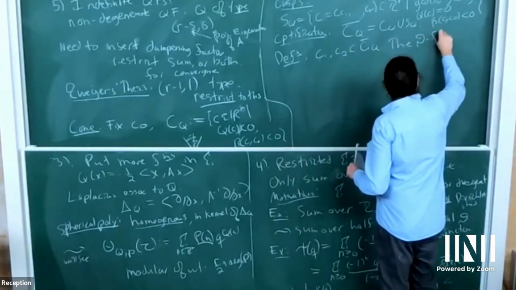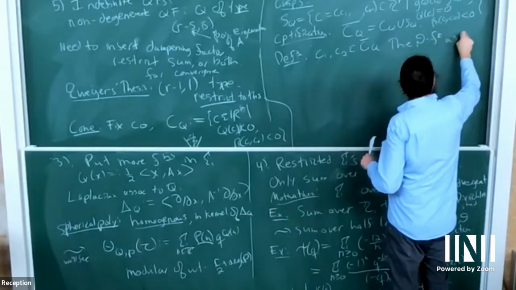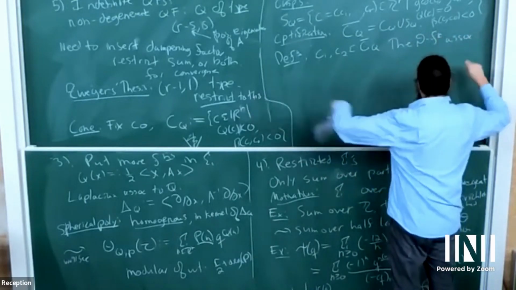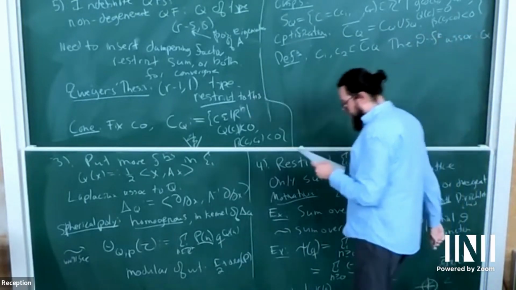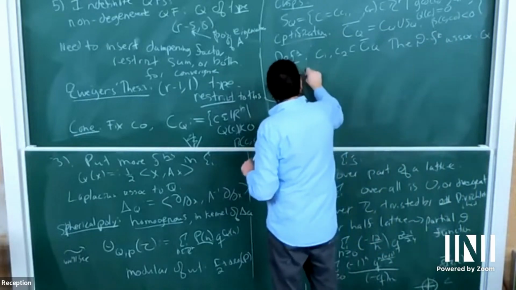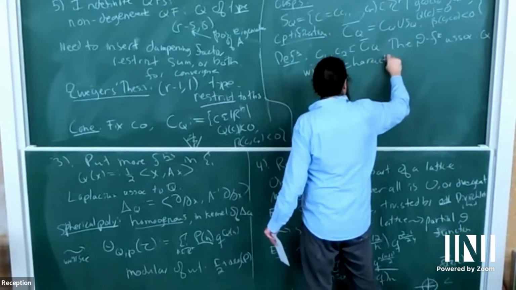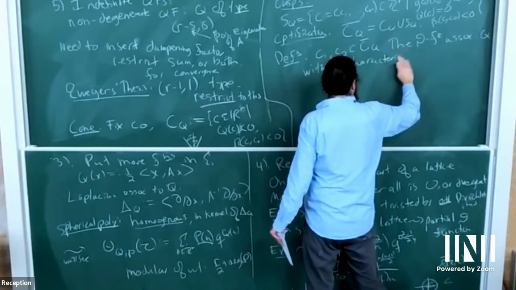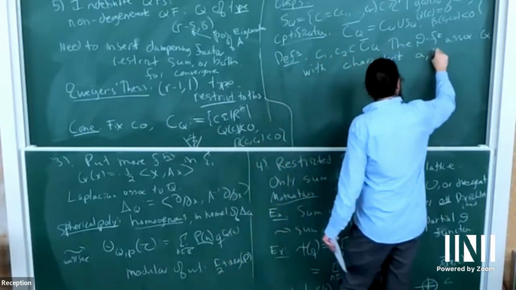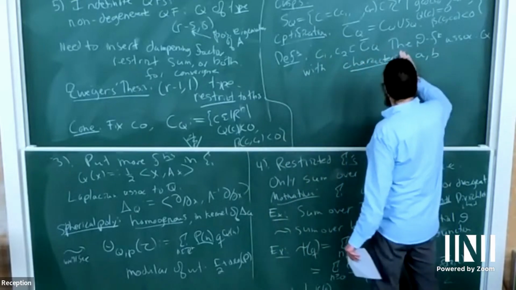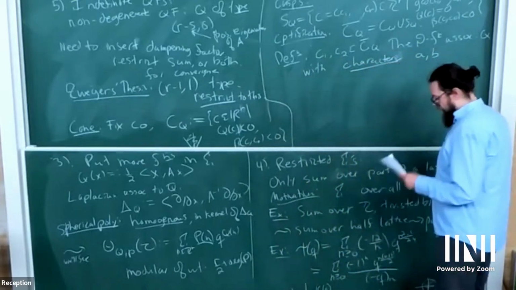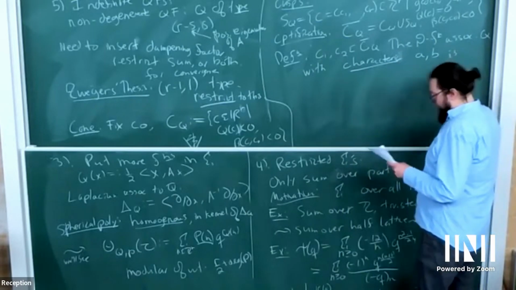Then you have a theta function associated to your given quadratic form. I've already said it's type (R-1, 1). And it has a characteristic. Now, as we were talking about before, I'm going to allow a shift in the lattice as well. So the characteristic (A, B) is as above.